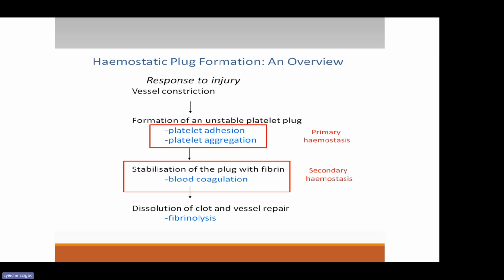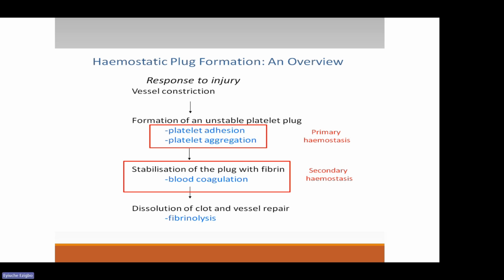Why do we call it unstable? Because that initial platelet plug was formed using fibrinogen as a linking molecule, linking the platelets together through their glycoprotein 2b3a receptors. That initial plugging is unstable.